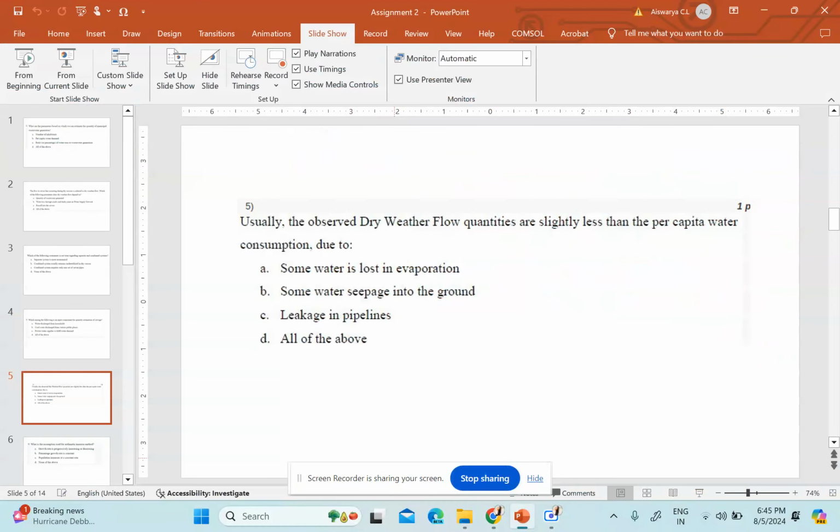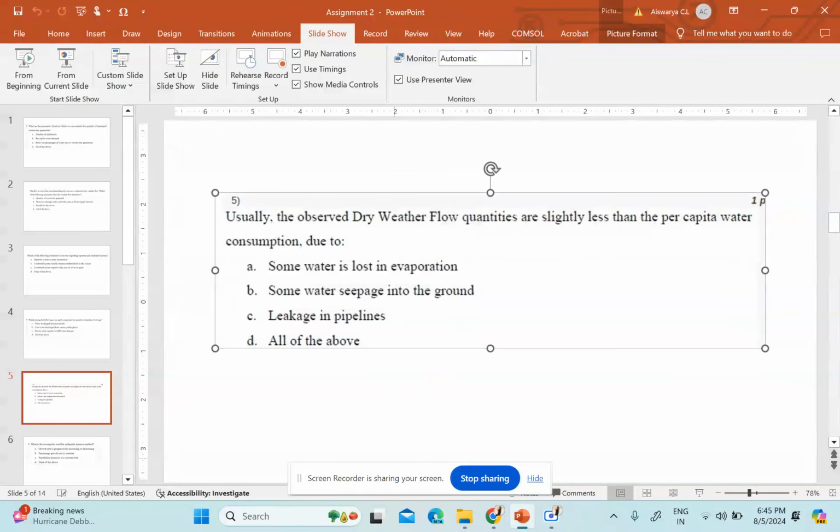Next, some water seeps into the ground. If we are taking water from a pond, or a well, for example, and the quantity of water present is small, there is a chance that water can penetrate into the ground, and the quantity we can access can reduce.